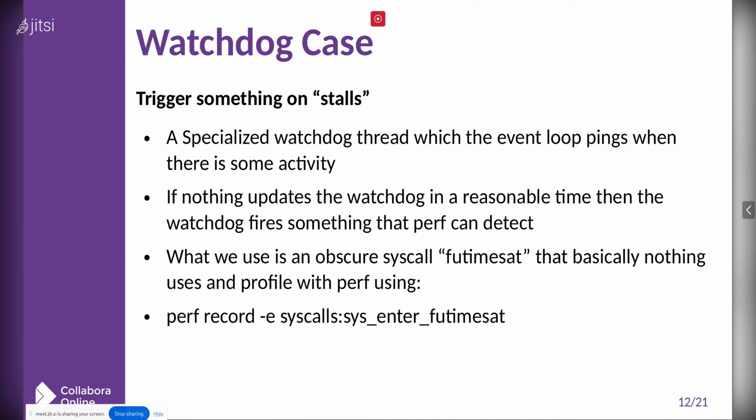So for these watchdog stalls, what we do is we have an event loop inside the kit, and if there is no response after a certain period of time, we fire something from this watchdog thread that perf can detect. And what we use is a syscall that nobody uses anymore. Then we profile system-wide on this futex syscall that nothing else uses.